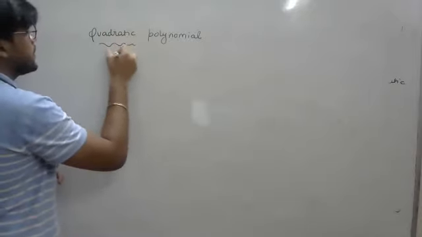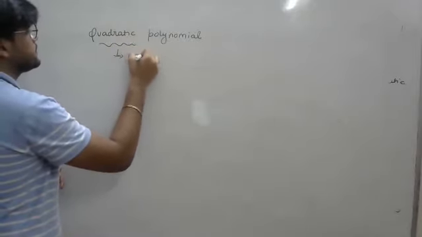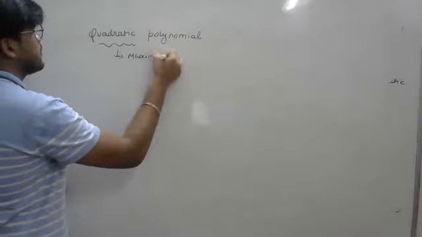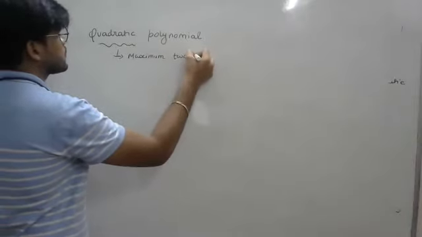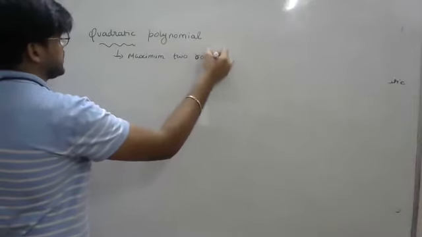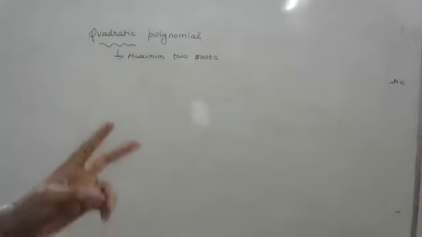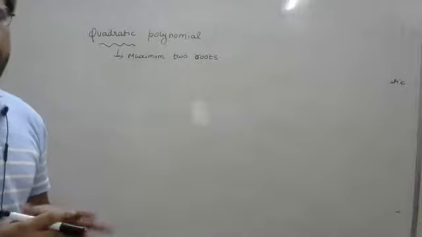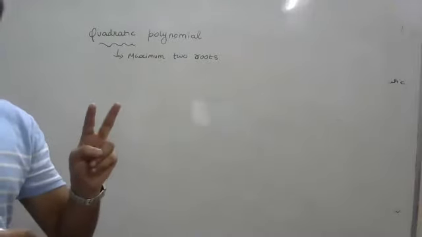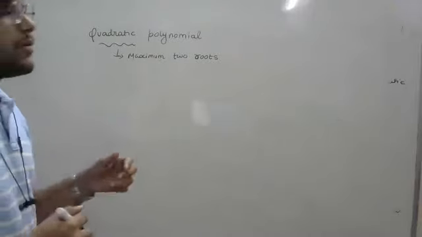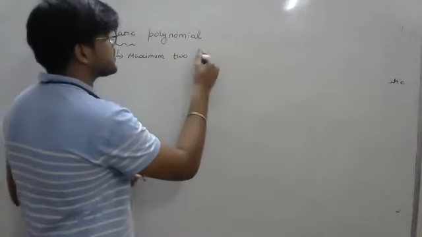A quadratic polynomial has a maximum of 2 roots. Even when it has only 1 root, in that situation you will be getting 2 answers, but they will be the same. You can say a maximum of 2 distinct roots.